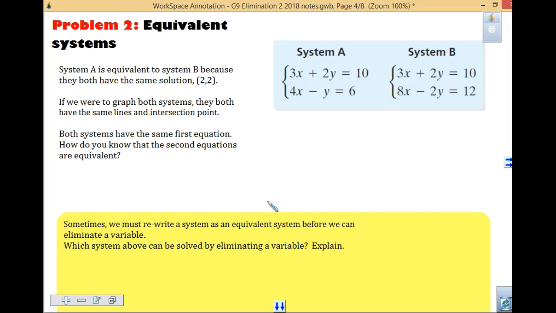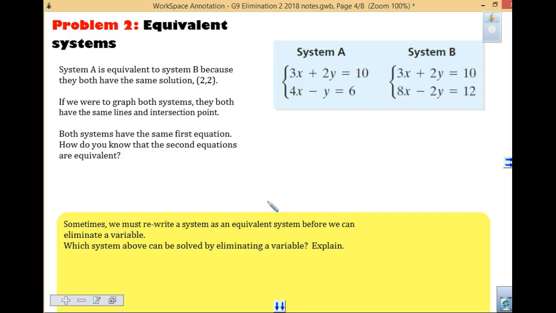So this next one asks us if system A is equivalent to system B, because they both have this solution, 2, 2. If we were to graph both of these systems, they both have the same lines and points of intersection.